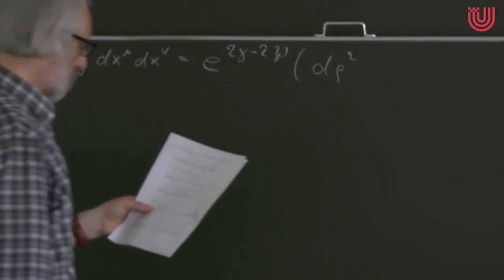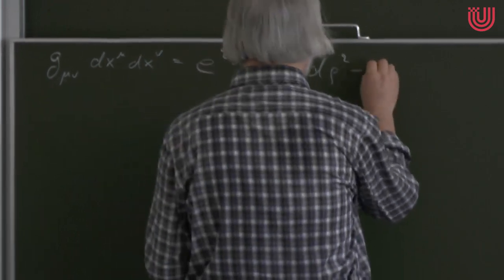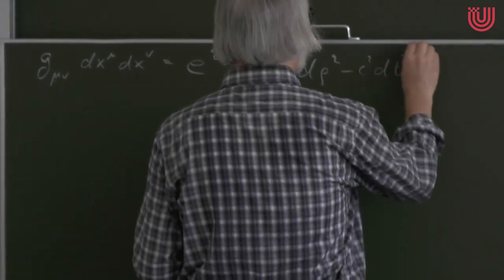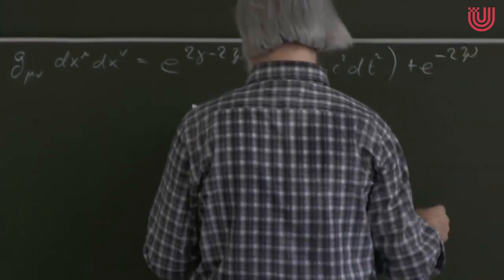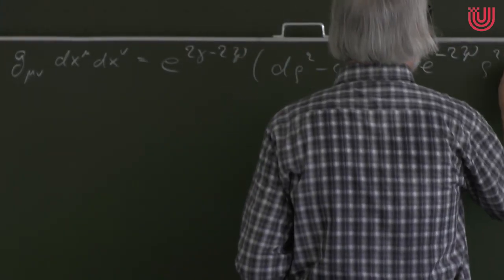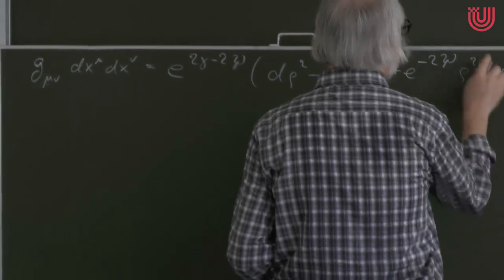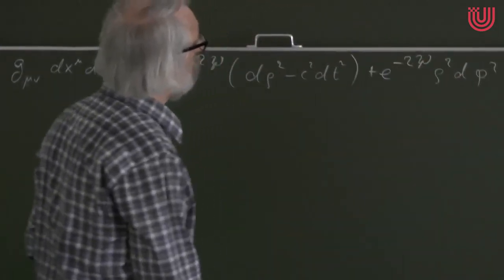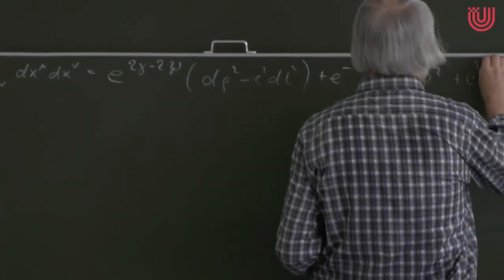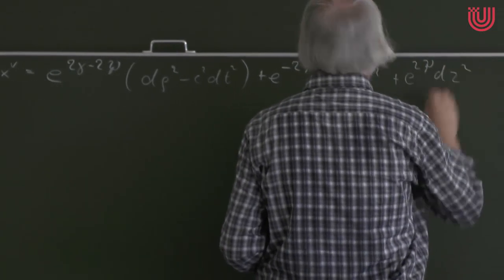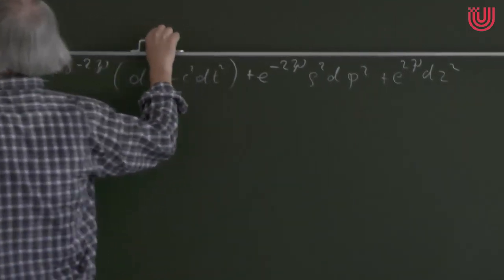These are cylindrical polars, and the time coordinate, t. Rho squared, d phi squared. Here we originally had W squared, but it's now reduced to rho squared. So that's the form of the metric.